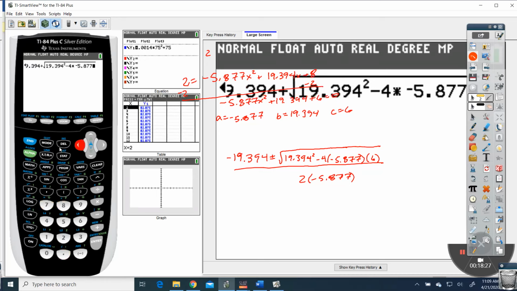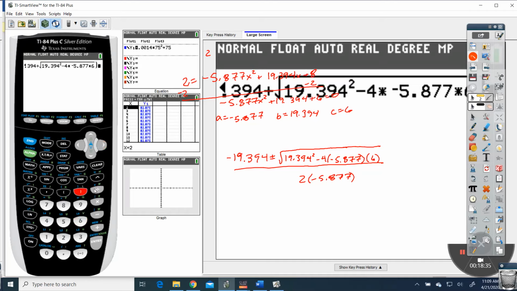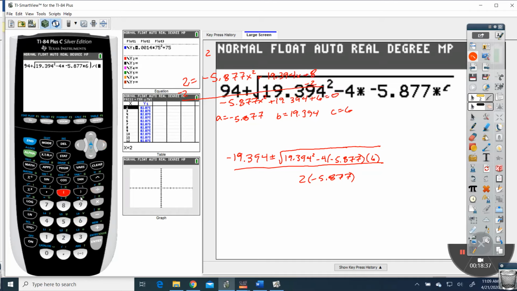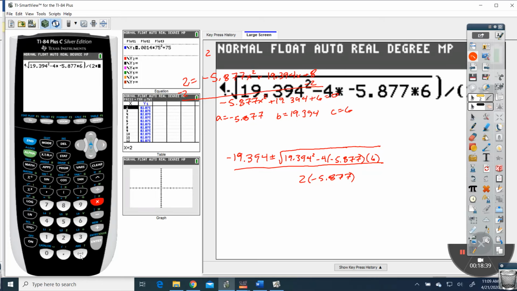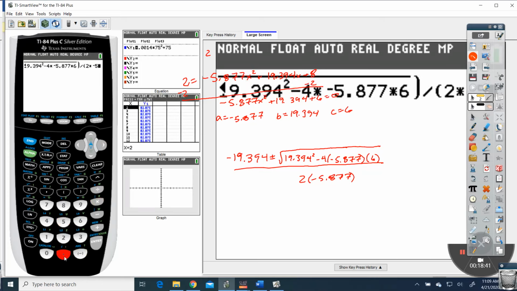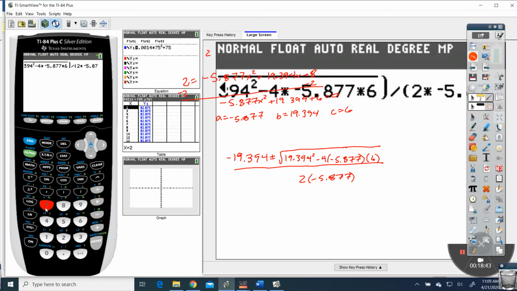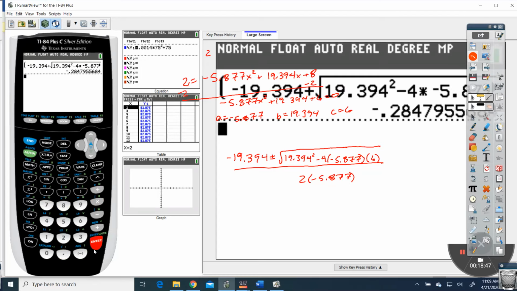Whoops, one too many. Times 6. Then I'm going to go out of my square root, close my parentheses, divided by 2 times negative 5.877. And now I hit enter.